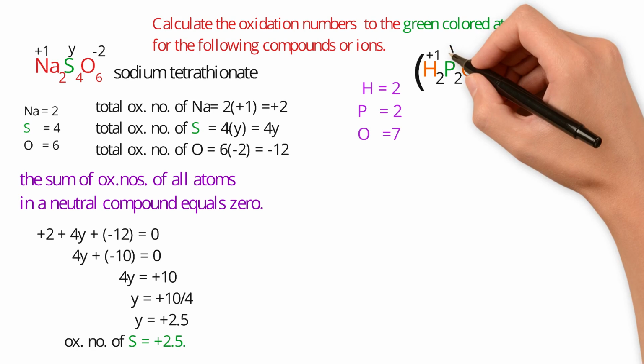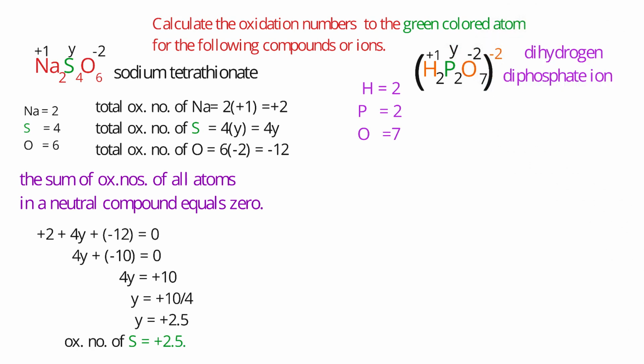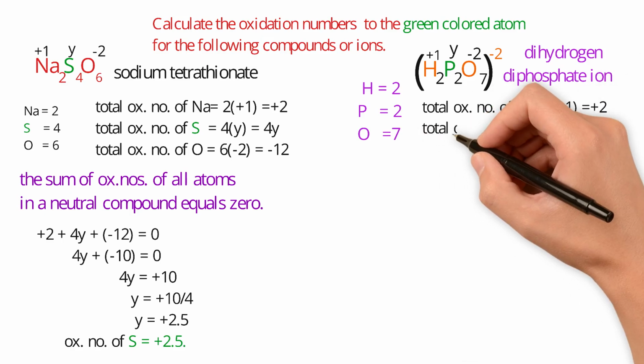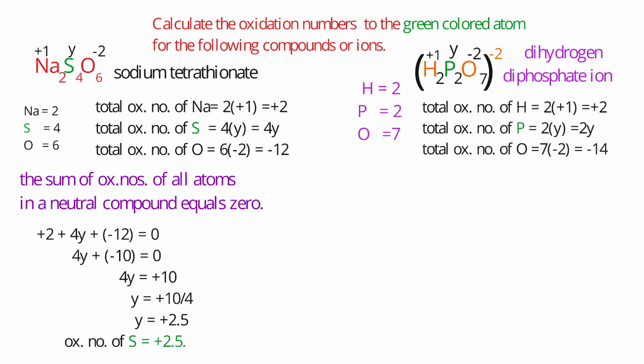Hydrogen has +1 oxidation number, phosphorus is the required one. Let us assign Y, the oxygen is -2. Total oxidation number of hydrogen is 2 into +1, which is equal to +2. Total oxidation number of phosphorus 2 into Y, which is equal to 2Y. Total oxidation number of oxygen 7 into -2, which is equal to -14.